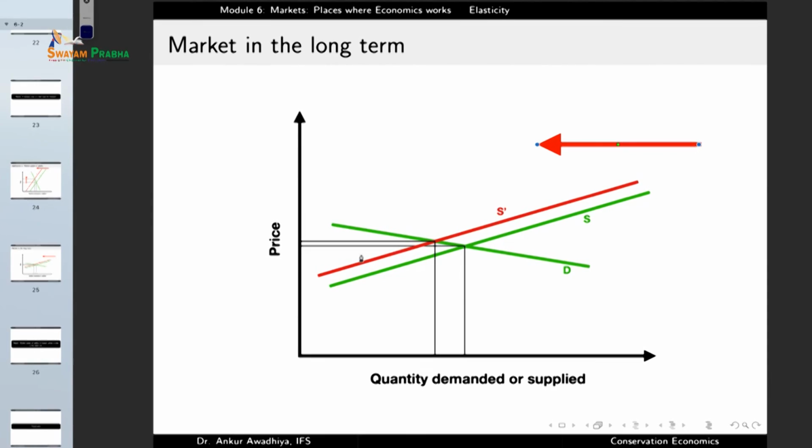Now, as we can observe here, because both the demand and supply are very elastic, there is hardly any change in the equilibrium price. But there is a big change in the quantity that is demanded or supplied when the sellers have reduced the supply into the market. So this small price difference is telling us that now the market power of the sellers is very less.